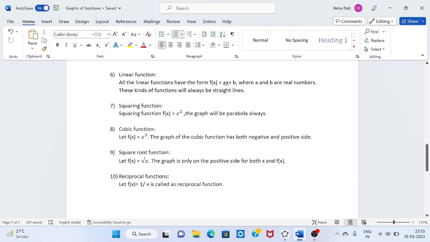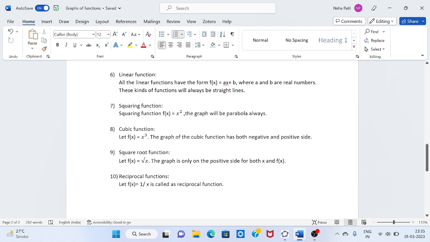Next is your square root function. Square root is f of x equal to root of x, taking the square root of any given number. Here, the graph will always be positive for both x and f of x. Whether the number that is asked or the square root of that number, both of them will always lie on the positive side.